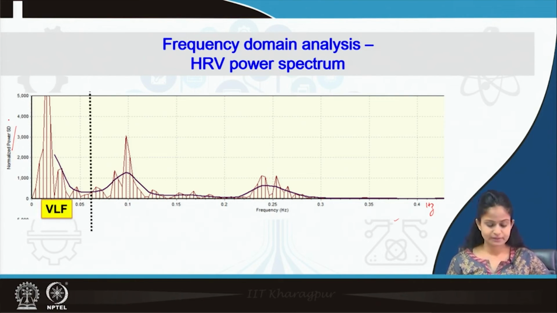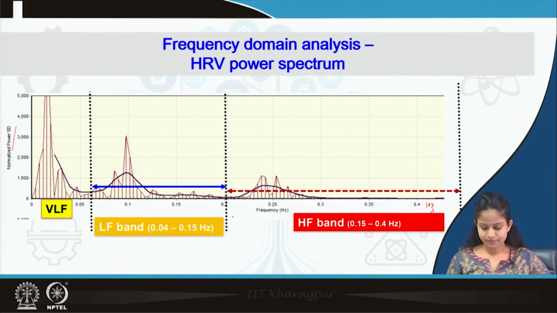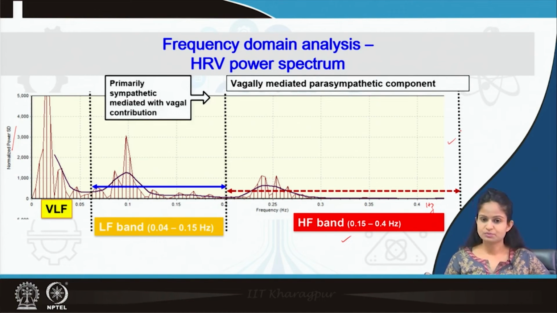So, this is the very low frequency till 0.04 hertz, and then we have the low frequency band from 0.04 to 0.15 hertz, and then we have the high frequency band, from 0.15 to 0.4 hertz. High frequency is mainly because of the parasympathetic component, low frequency is mainly because of both the sympathetic as well as vagal components, mostly with parasympathetic dominance.